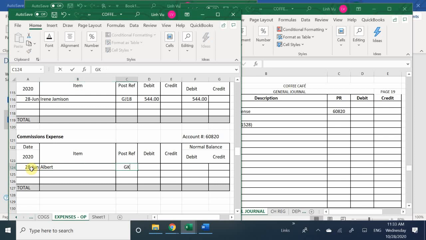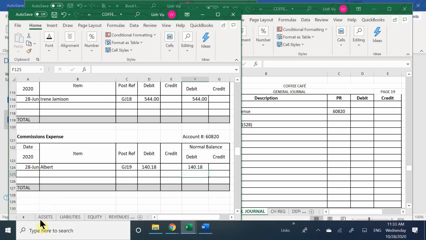General journal 19, since we moved on to the new journal. And how much am I going to be debiting for the commissions expense? 140.18. All right, bring in my beginning balance to be also 140.18.